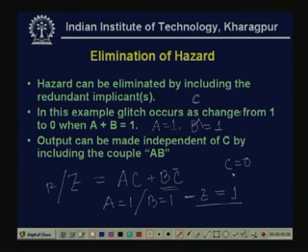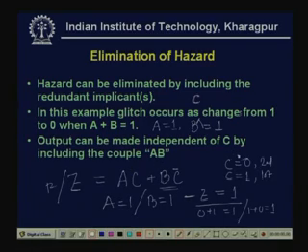If C equal to 1, then the first term is 1, and as it is an OR function, 0 plus 1 is 1 or 1 plus 0 is 1. So, whatever value C takes, 0 or 1, Z should be 1. That means, it is independent of C. Now, this particular property we can utilize to make the circuit hazard free.